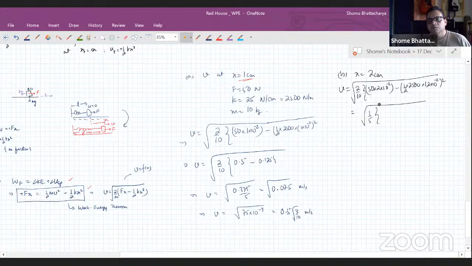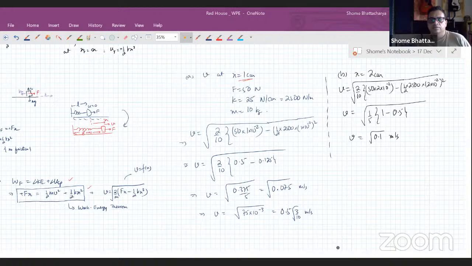Okay, so this you can see will become 1 minus, now this will become 25 into 2, so that's 50, into, so this will become 0.5 finally. This will become so much. Yes, that's correct. Okay.